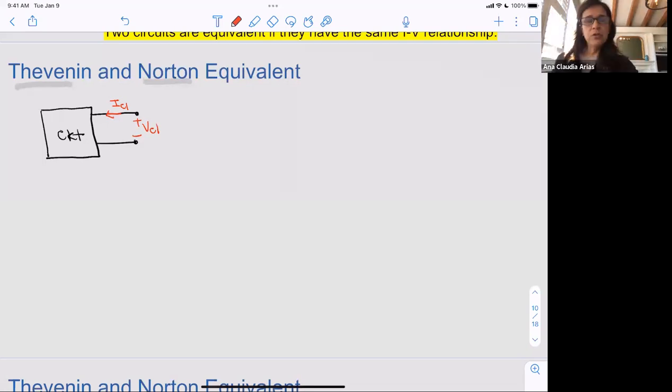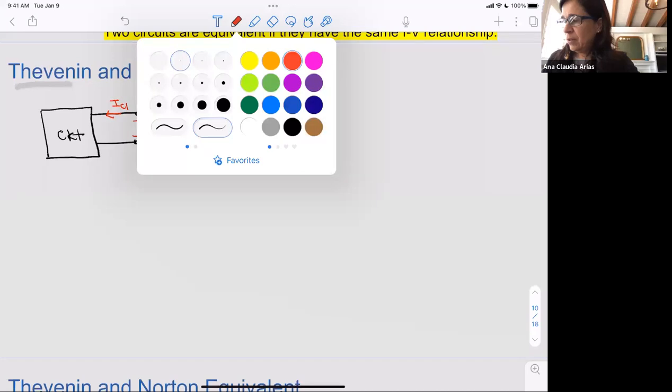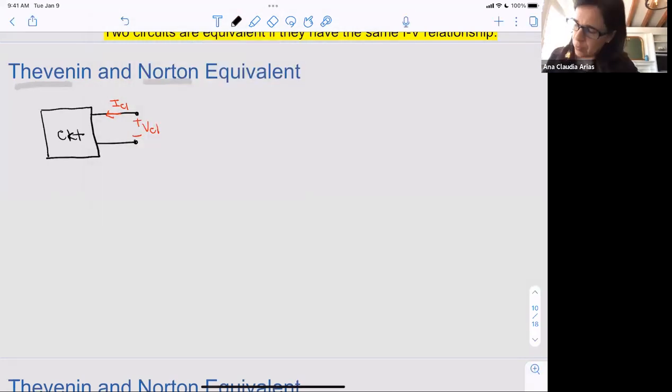Okay, so what do I do? What is the simplest possible circuit that one could build? Well, we could take a voltage source and a resistor, because I only need 2 points to build my line, right?